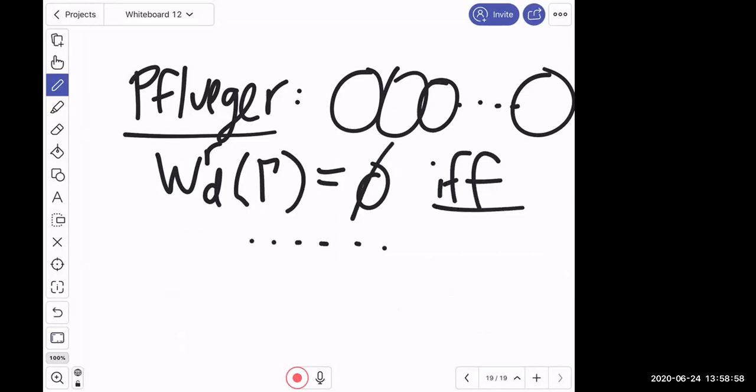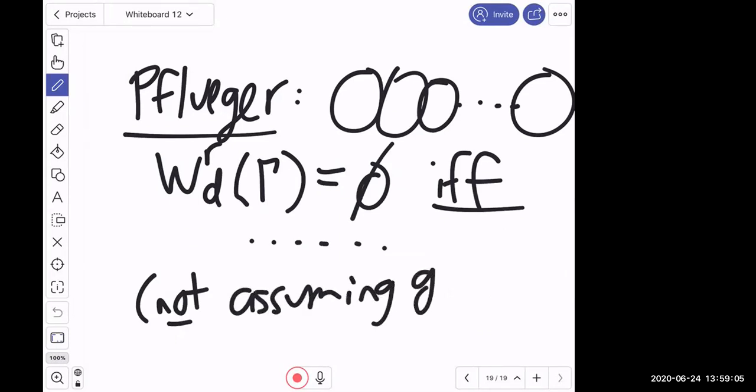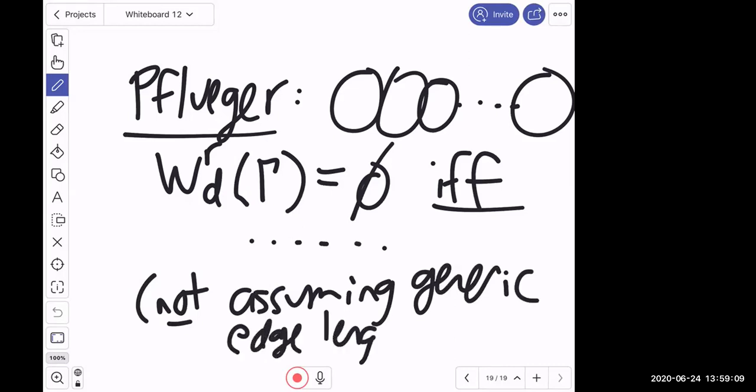And there's some combinatorial condition, and the point is we're not assuming generic edge lengths anymore. It still reduces to interesting combinatorics.